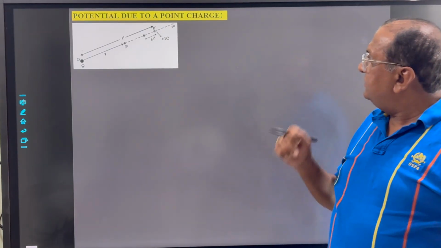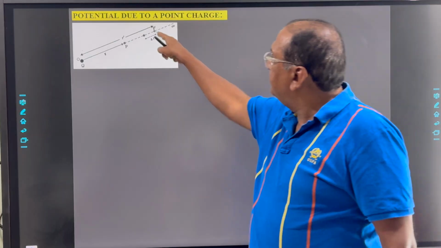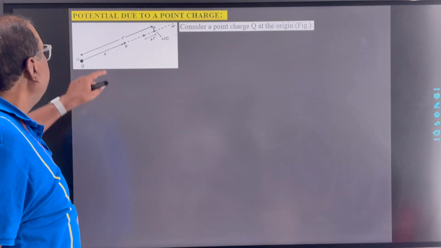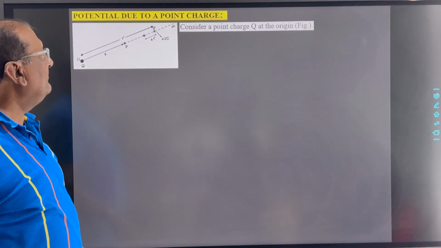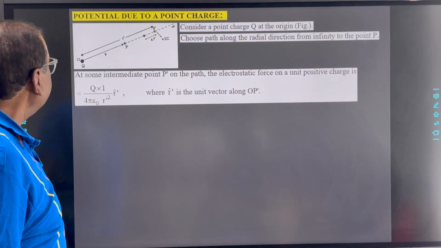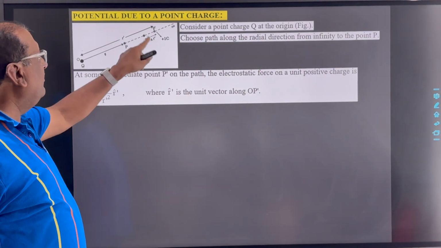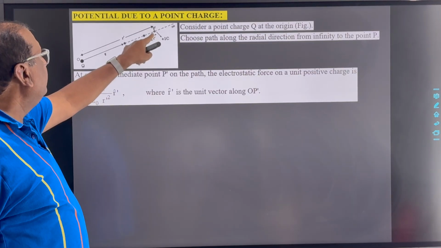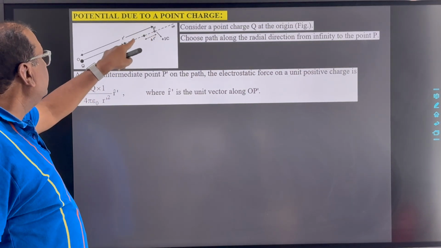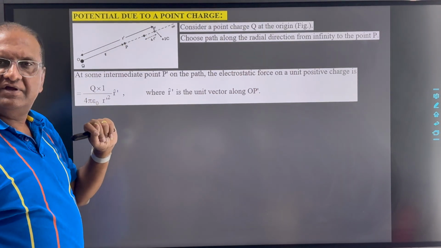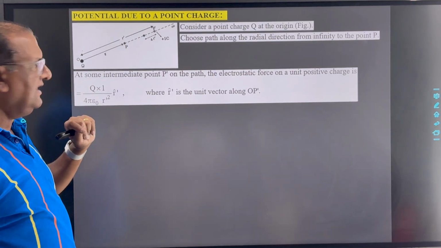So now here first consider one intermediate point P dash, which is at a distance R dash. And now let's calculate the work done to move unit positive charge from P dash by distance delta R dash towards the charge Q, means against the field.